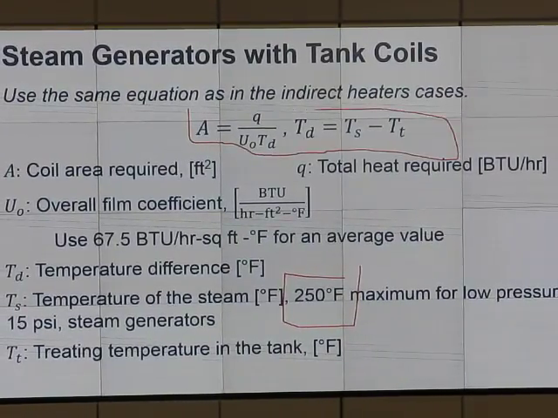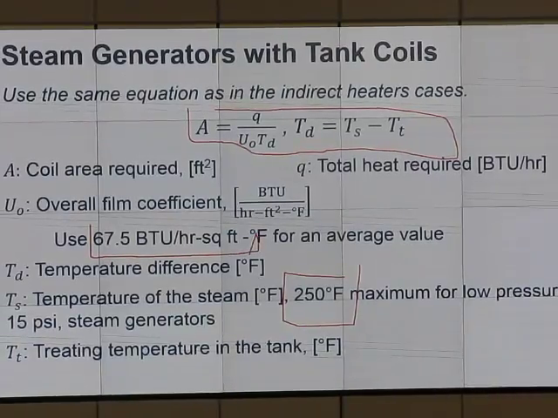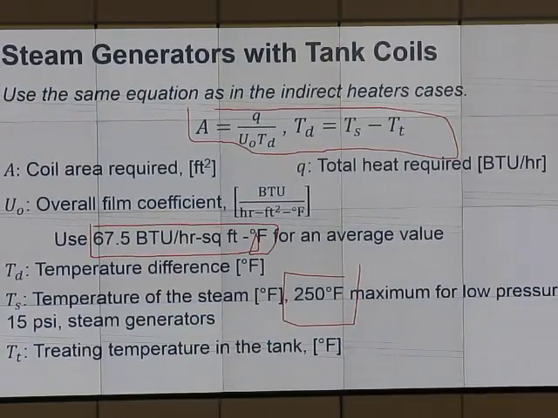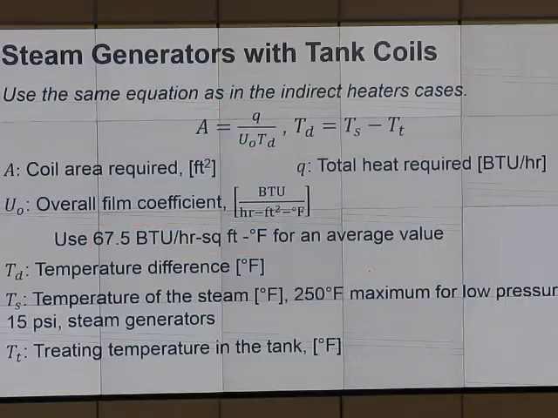This time, we don't use that 10,000 BTU something. We use 67.5 BTU per hour per square feet per Fahrenheit. So this is the expected or average value for the U value. You do the same thing that you did earlier, okay, to get the area, coil area. Look at the unit. When it is BTU per hour, this is equivalent to watt, right?